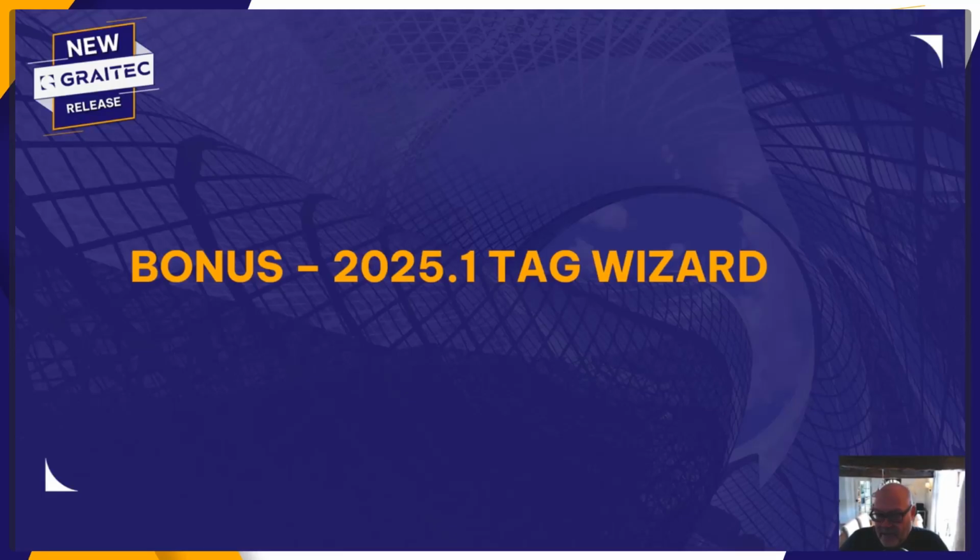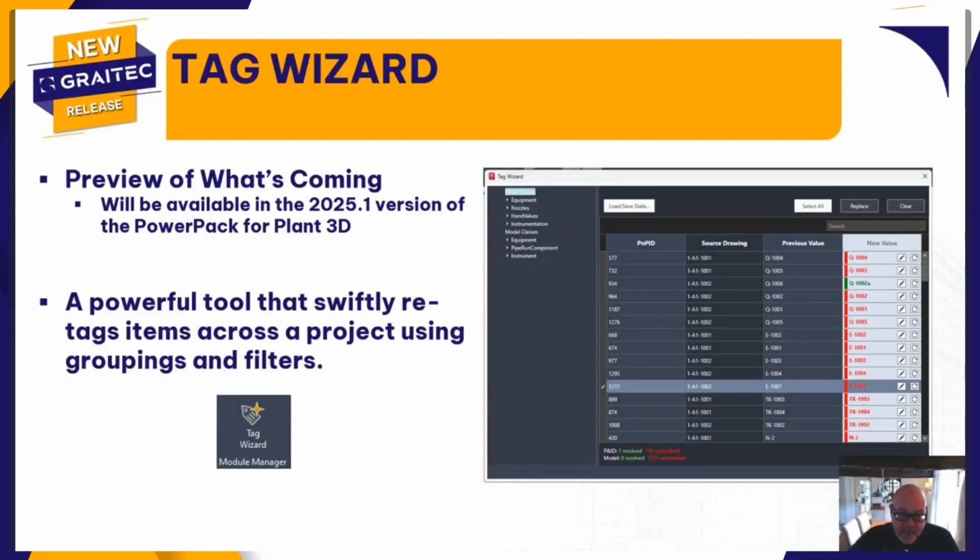This is going to really enhance the way you use particularly existing data that you might be moving across from another project. Okay, so here is the Tag Wizard. I say, it will not be available in the 2025 version, but this is a sneak preview for you guys of what is coming in our next release in the 2025.1.